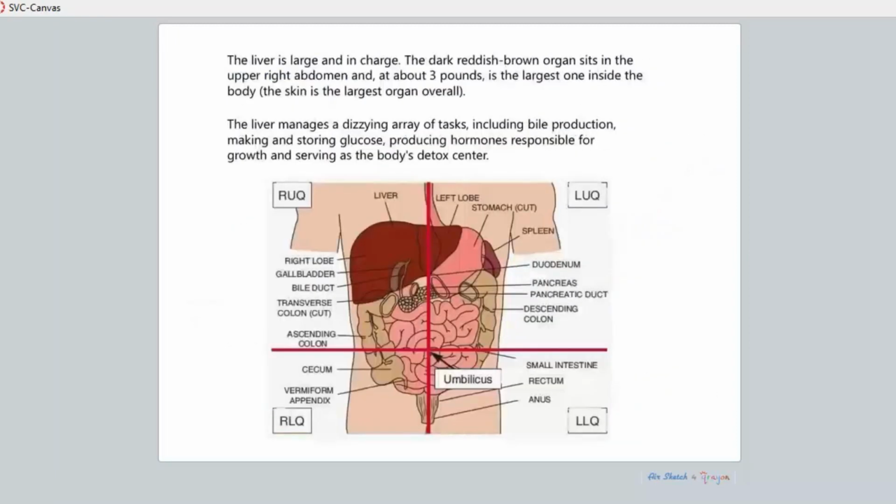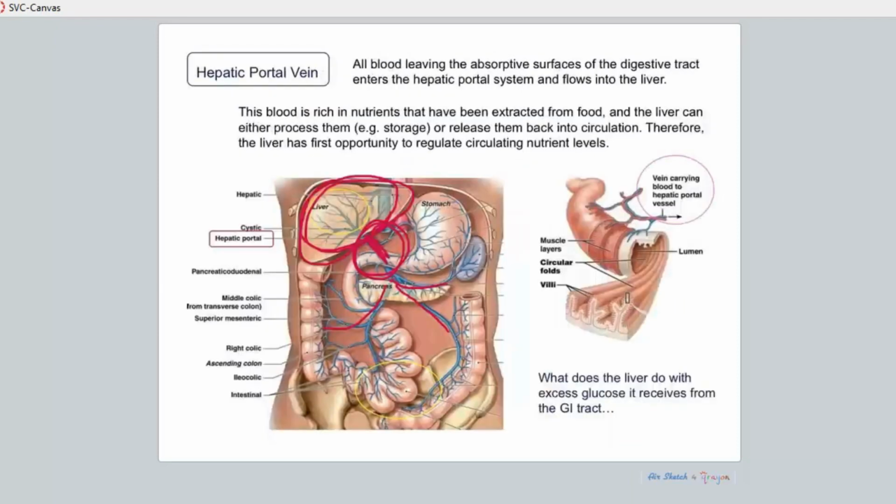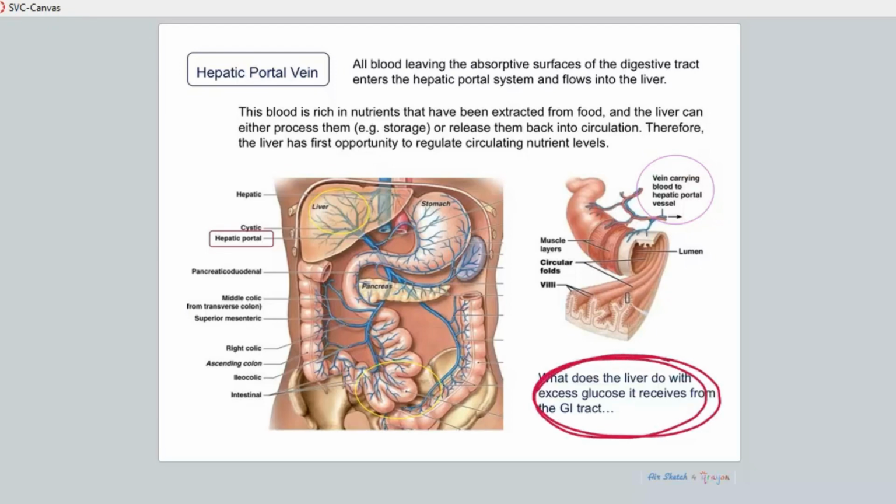I guess I didn't put this on here, but for instance, let's talk about glucose. Let's say glucose, an individual monosaccharide here in the small intestine. It gets absorbed into this vessel system, the hepatic portal system, and it eventually makes its way to the hepatic portal vein right there.